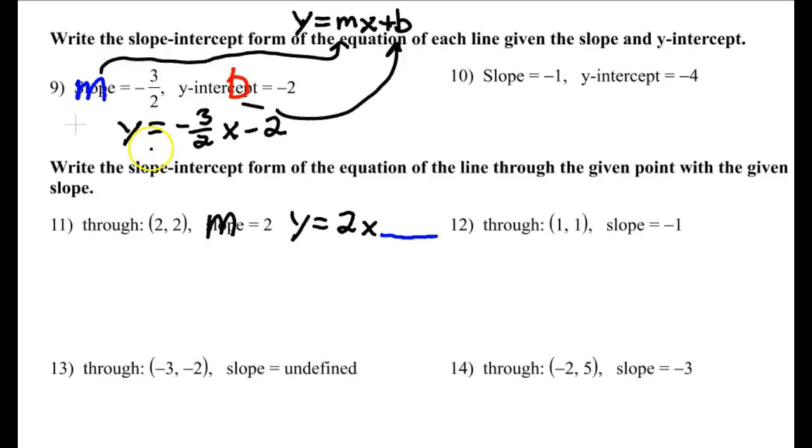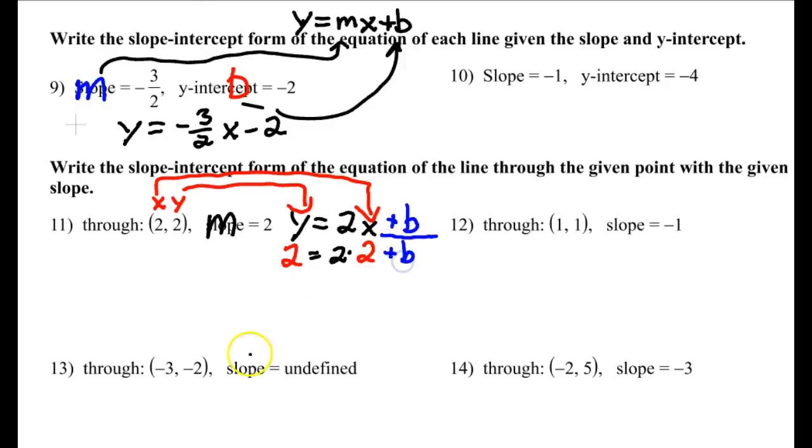So what you're going to do is plug in x and y into each of these, and we can work backwards to find out, well, what must b equal to? So these both happen to be equal to 2. Or you just have to solve this and we'll find out, well, what's the y-intercept?